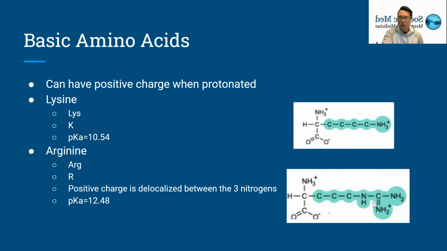If you move some bonds around, you can move the positive charge to any of the 3 nitrogens in that side chain. The pKa for that side chain is 12.48, so it's pretty high. Arginine is ARG or also R. Arginine kind of sounds like the letter R, and that's how I remember it.